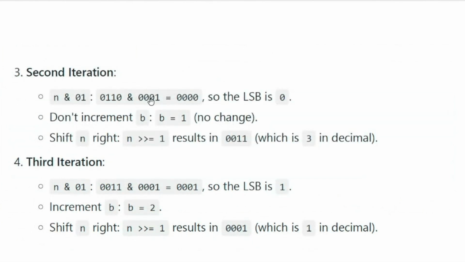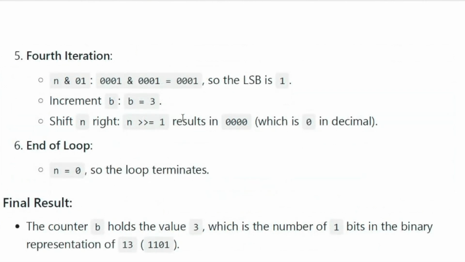Now we're using the mask again to extract the last bit, which is 0 in this case. This doesn't satisfy the if statement, so there's no change to the b value. All right, I'm going to skip the remaining, but you can see how it actually counts. There are 3 ones in this byte.